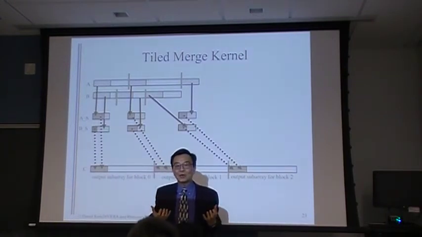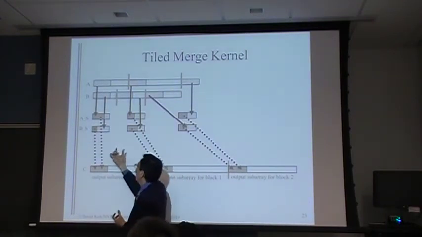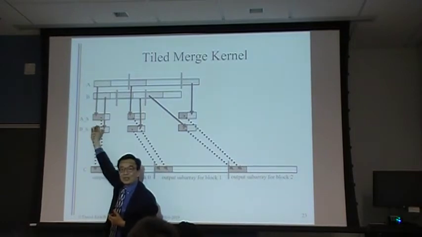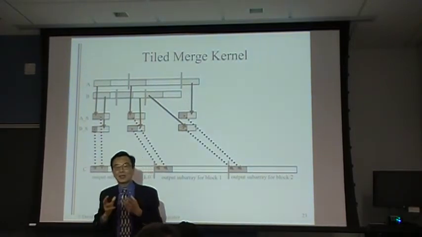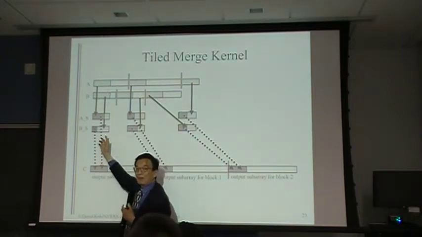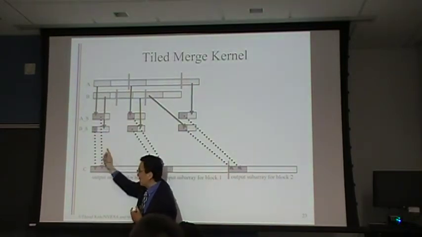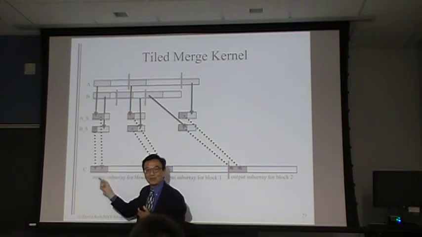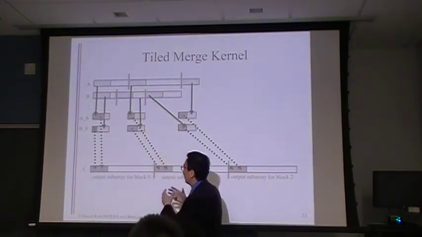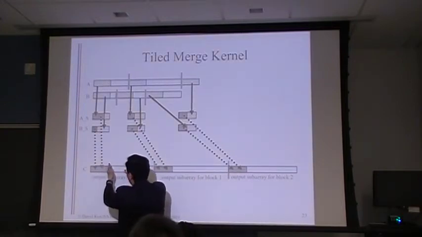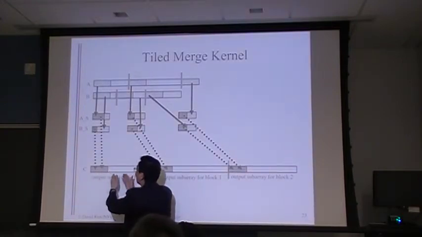So in general, I will need to load twice the amount of data, one from A and one from B, so that I'm guaranteed to have enough data to fill that 256 here.